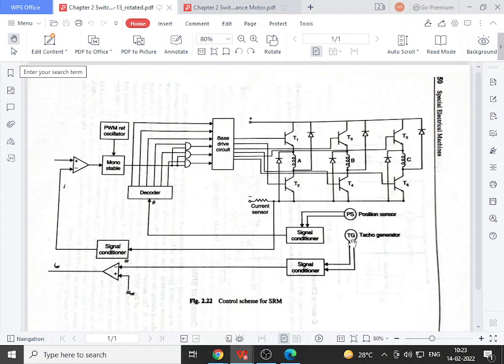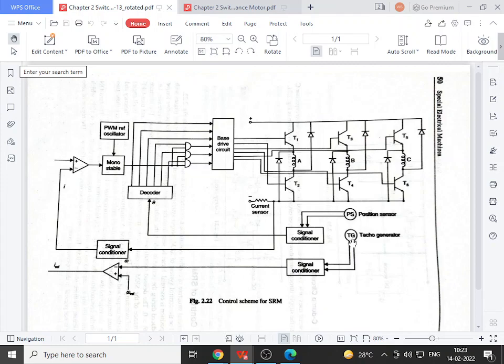Depending upon the speed of rotation of that motor, there will be induction of EMF inside that DC generator, because if you recall the EMF equation of a DC generator, it is PϕZN divided by 60A.